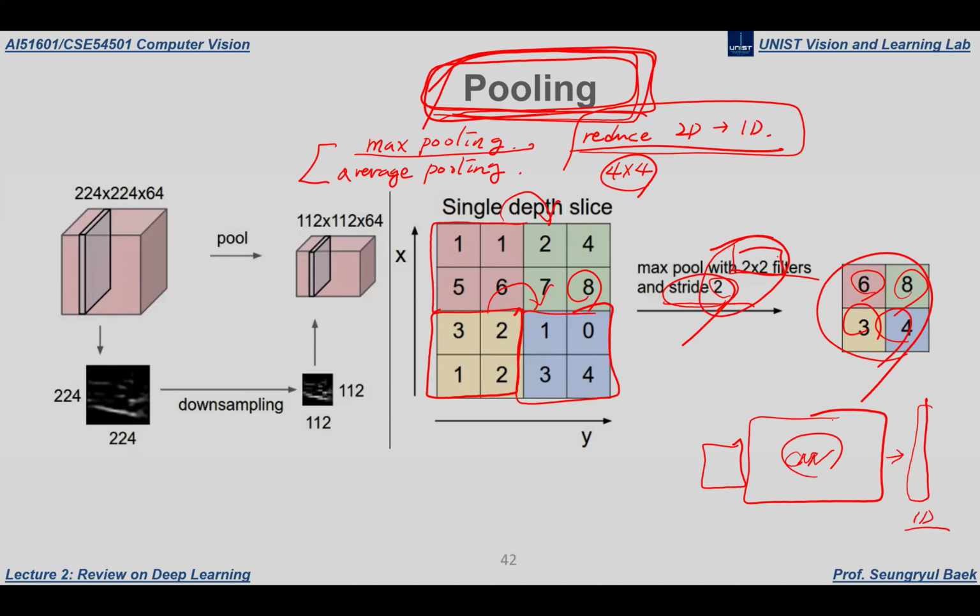And the important thing you have to remember is this pooling operation is also differentiable, okay? So even though the operation retains one maximum value from among the window, you can interpret that as multiplying a zero constant to the other values and multiplying one to the maximum value, okay?